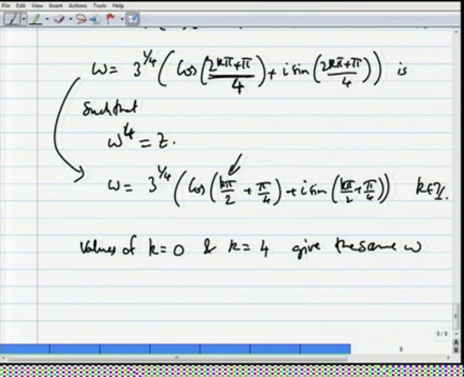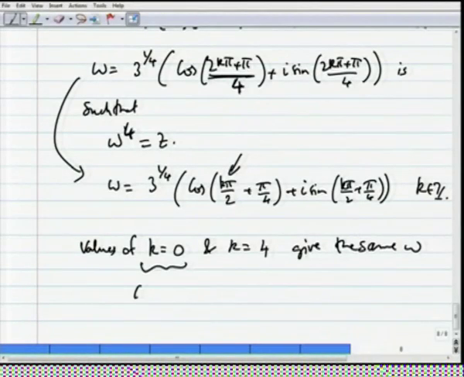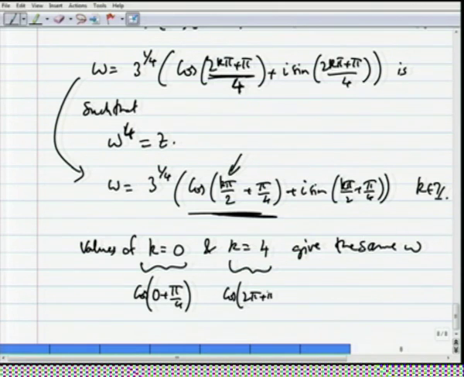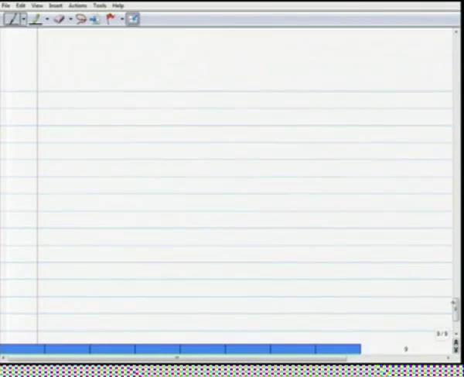So, cosine of (k pi by 2 plus pi by 4) will be cosine of (2 pi plus pi by 4), which will once again give you cosine pi by 4. So, k equals 0 gives you 0 plus pi by 4, and then for k equals 4 you get cosine of 2 pi plus pi by 4, and these are equal. Likewise, sine gives you the same values when k equals 0 and k equals 4. So, you get the same w as a result.